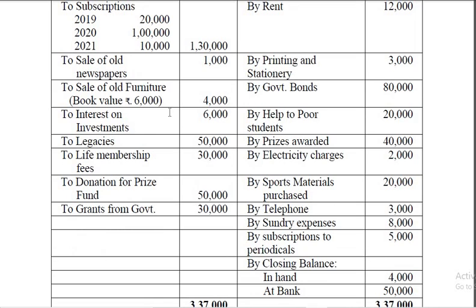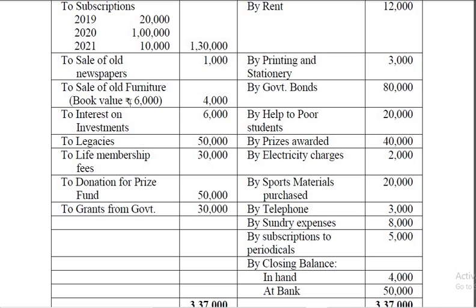Therefore, the difference is 2,000. So 2,000 is a loss. Therefore, that should be debited to income and expenditure account. And here they have not mentioned when the furniture was sold and what is the rate of depreciation, and all those things are not given.